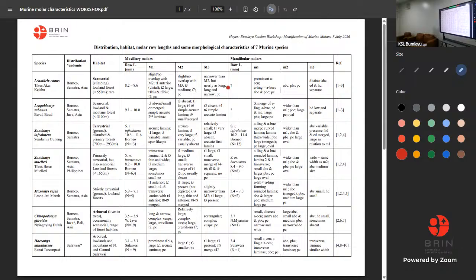It is lower than the T2 and T3. It has little cusps in between at the top. It does have a T7, and it has a posterior cingulum on the maxillary teeth, which most other rats don't have.